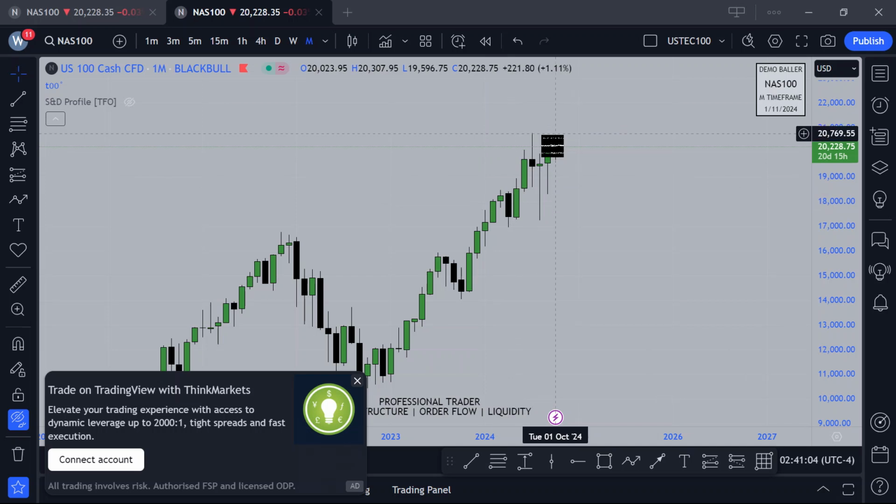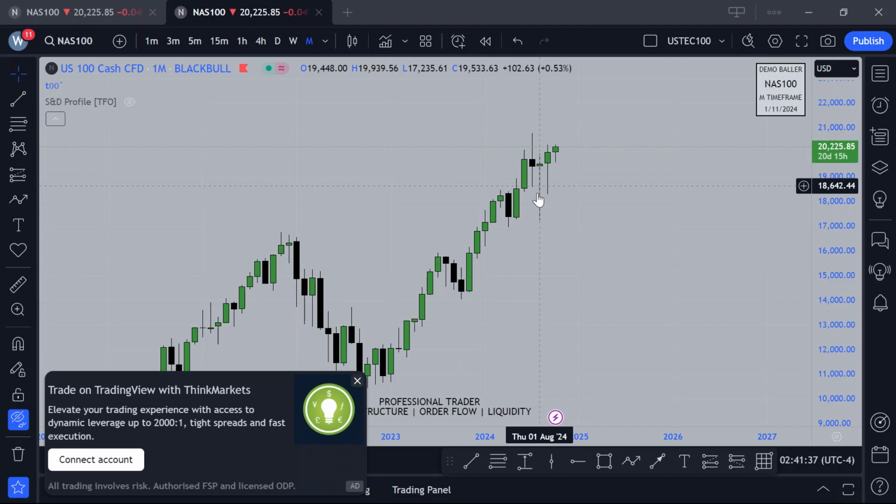Okay? So with that being said, remember I said that price moves from external to internal liquidity. Because this low was not taken out here, this down close candle is used as liquidity, because smart money uses these down close candles as bookmarks.